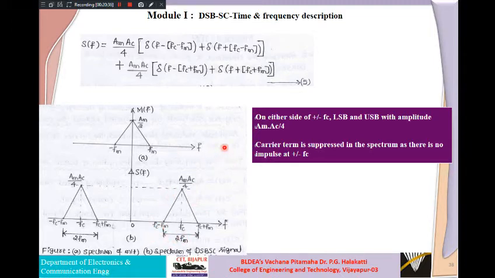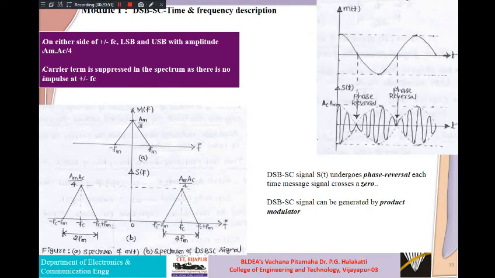This is how we discuss its mathematical analysis in both time and frequency domain. The diagram is very simple, you just need to practice it. Here is the time domain signal and their respective frequency spectrums.